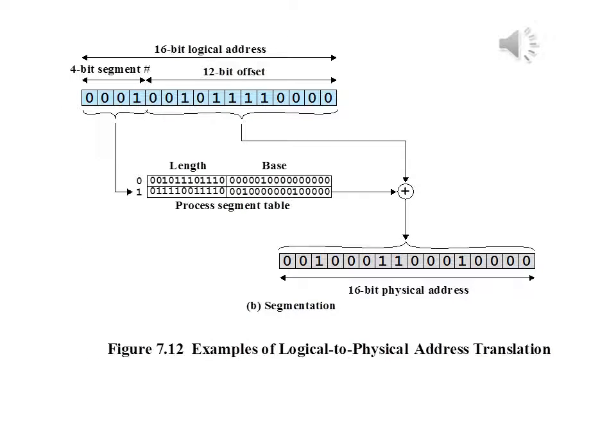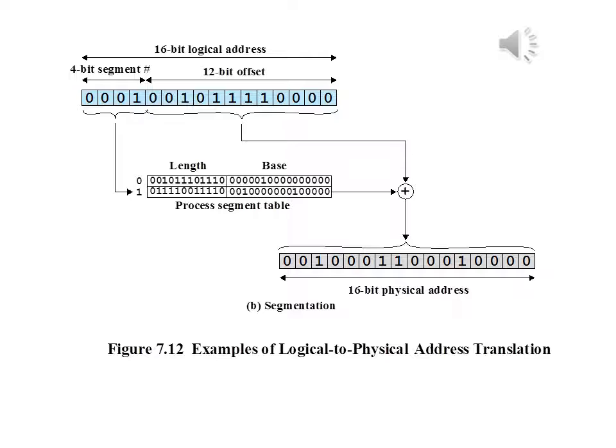In our example, we have the logical address 0001 0010 1111 0000, which is segment 1, offset 752.